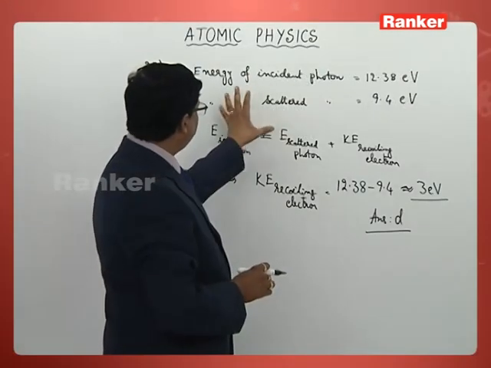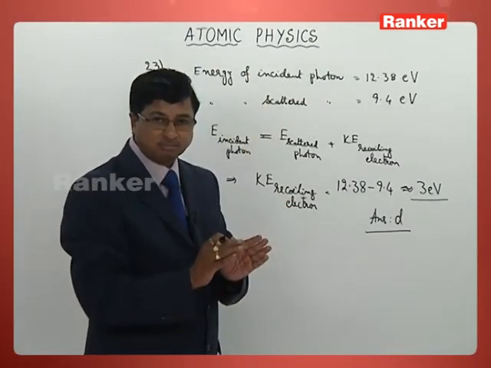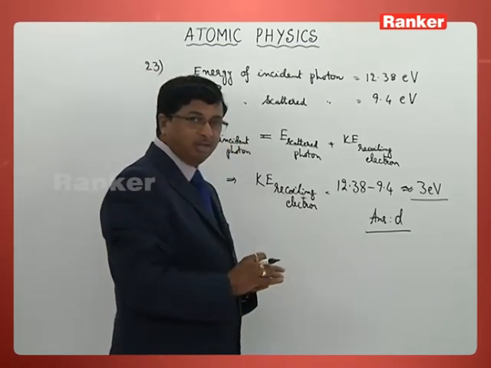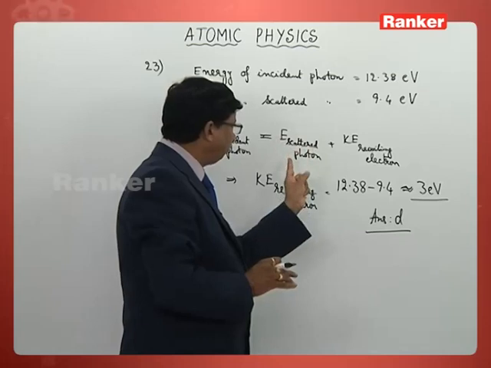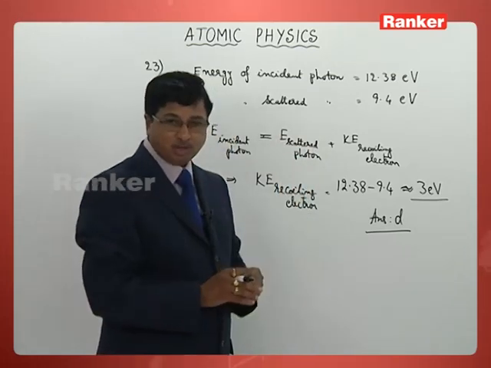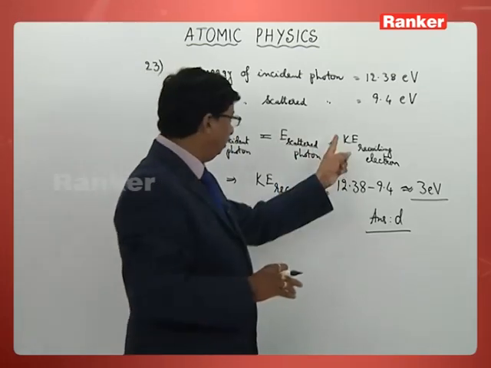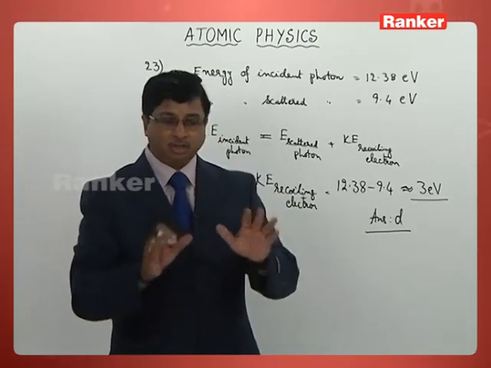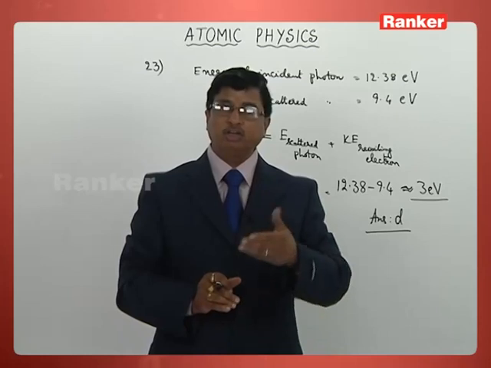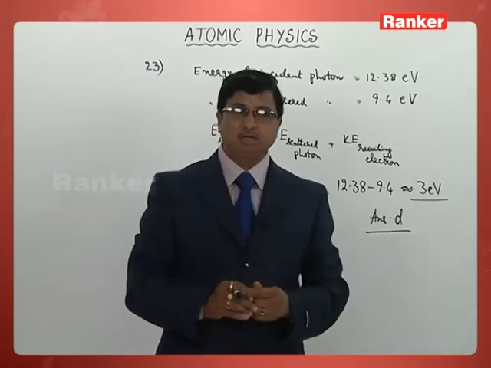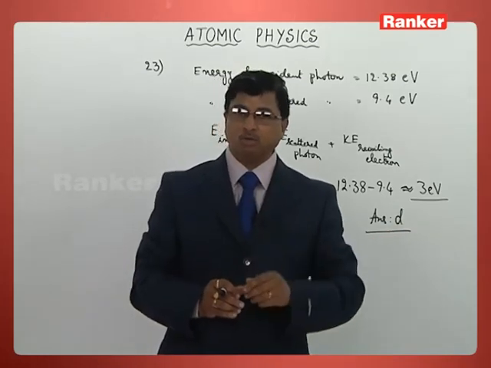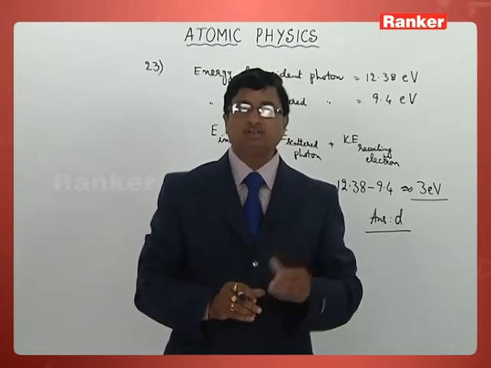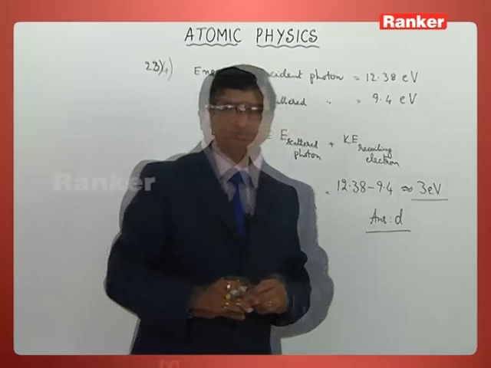So what you should understand in Compton scattering is that the energy of the incident photon must be the sum of the energy of the scattered photon and the kinetic energy of the recoiled electron. That is the concept. If you can understand this, this problem is not a big task. Straight away you can work out the answer there. The correct option is D for this, that is 3 electron volt.